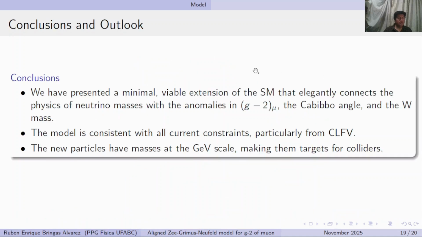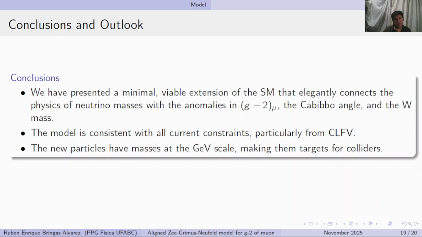As a conclusion, we present a minimal extension of the Standard Model that solves not only g-2 but also the Cabibbo anomaly angle, explains the W mass deviation found at CDF, is consistent with all the constraints that come from charged lepton flavor violation, and also generates the neutrino mass consistent with the experimental value. And we do all of this at low scale.